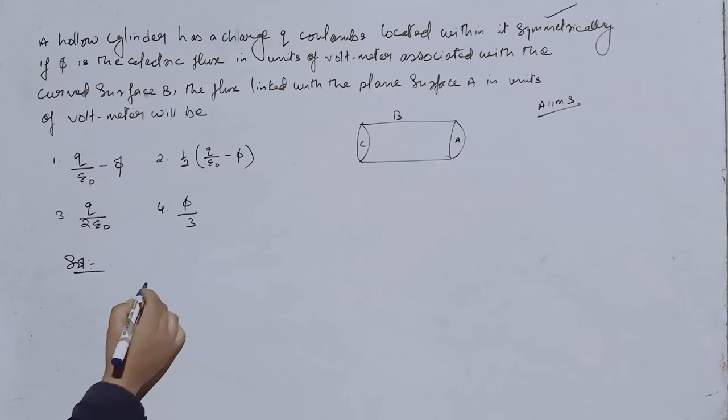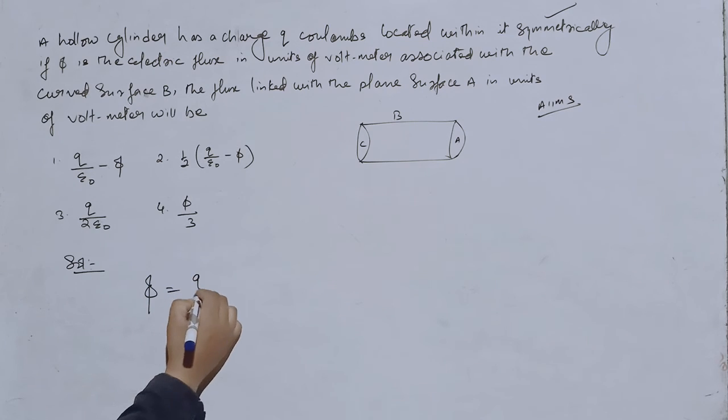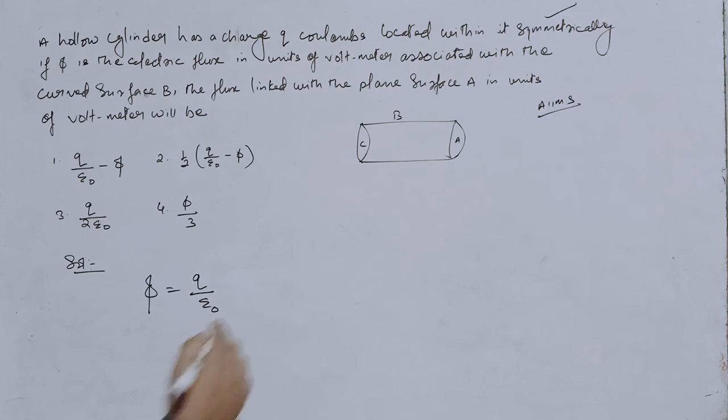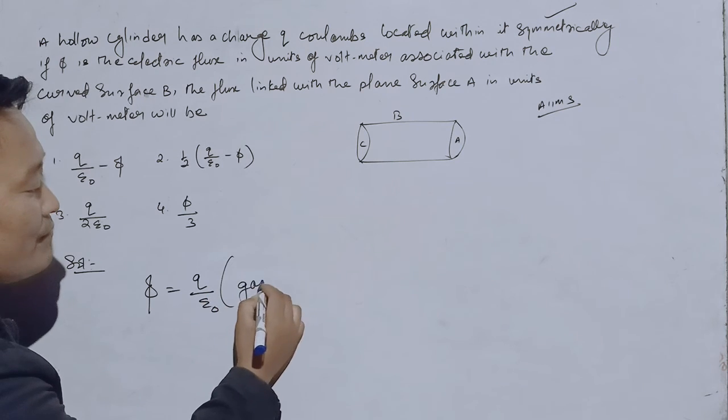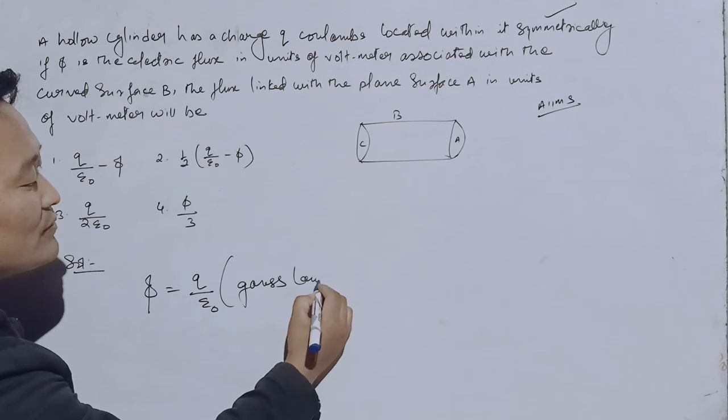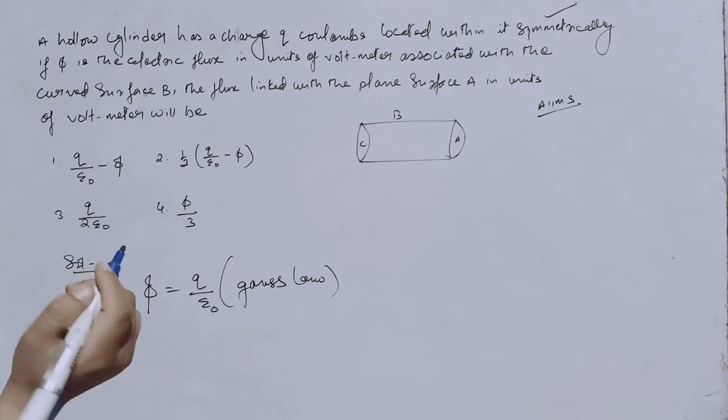The flux is equal to Q by epsilon naught, directly from Gauss law. That is where this has come from.